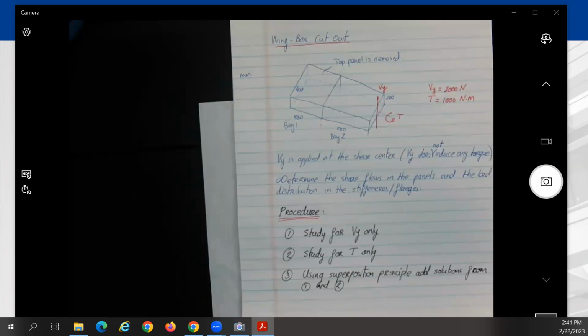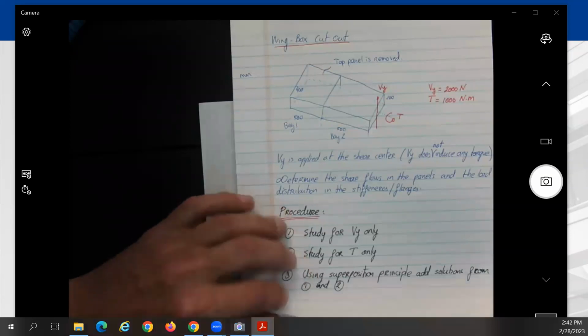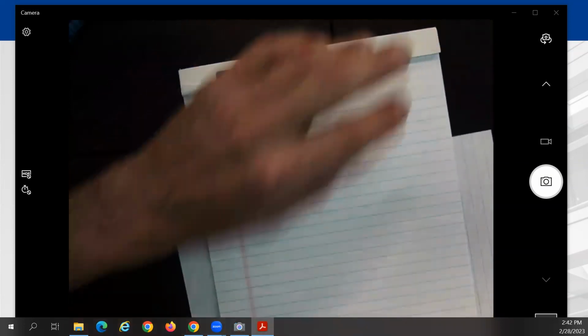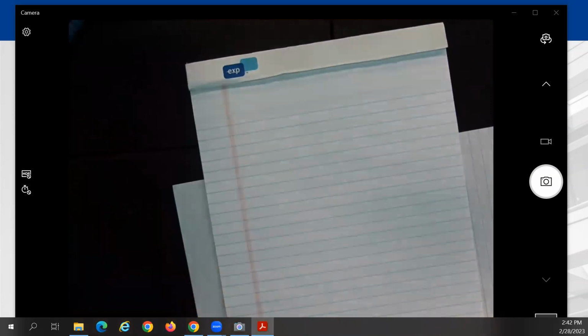What I'm trying to say is that you can only use the principle of superposition because you're assuming that the solution is linear, no? It goes through a straight line. If it wasn't going through a straight line, then you will not be able to do that. Okay, so that implies that our solutions are being linear.